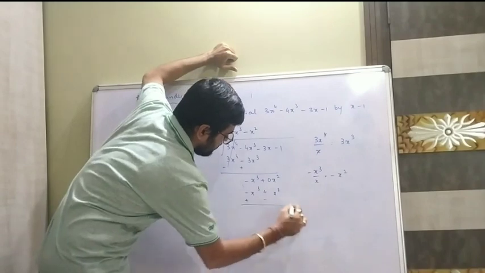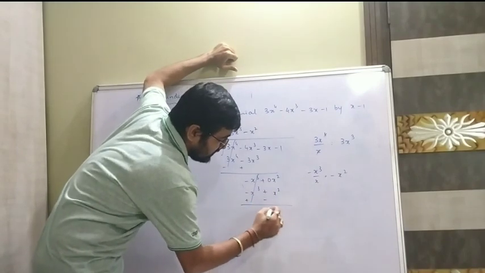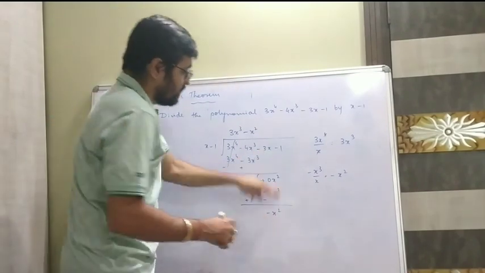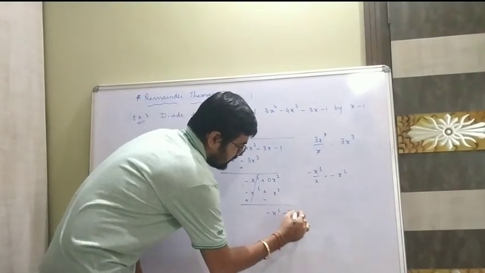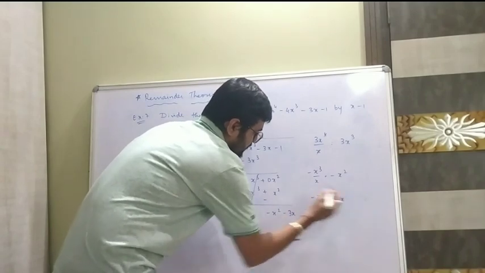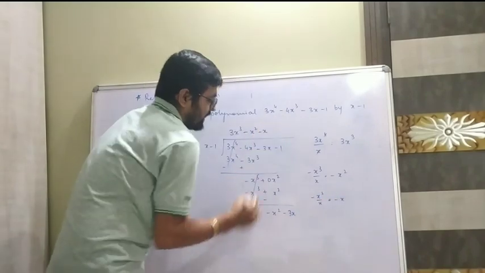So it becomes minus x cube minus minus plus x square. This plus and this minus get cancelled, and 0 minus anything will be negative only, so minus x square. Now you can take this minus 3x. Now minus x square by x gives minus x.